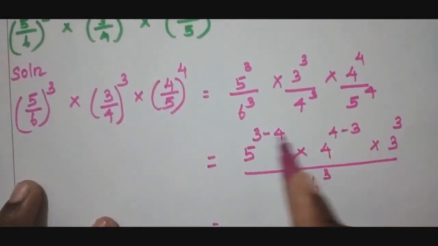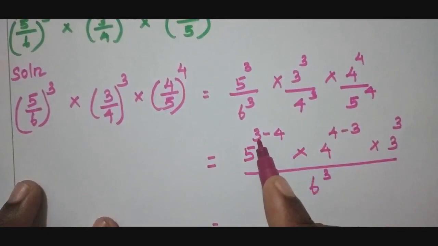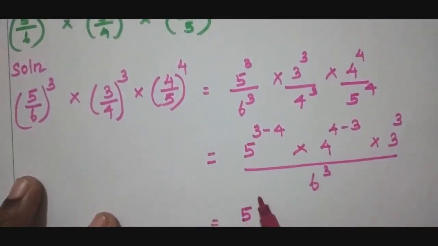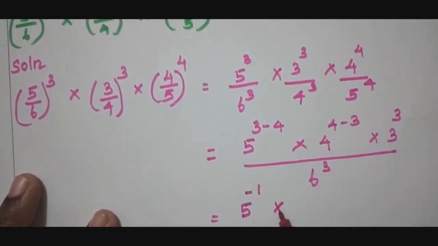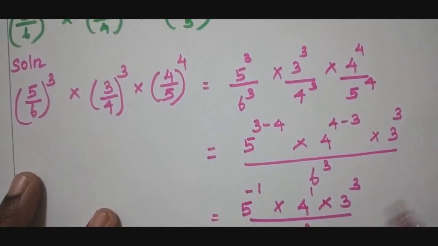So these two are in different sign, so you should subtract and write the greater number sign. So difference between 3 and 4 is 1 and the greater number sign is negative, into 4 power 4 minus 3 is 1, 3 cube by 6 power 3.